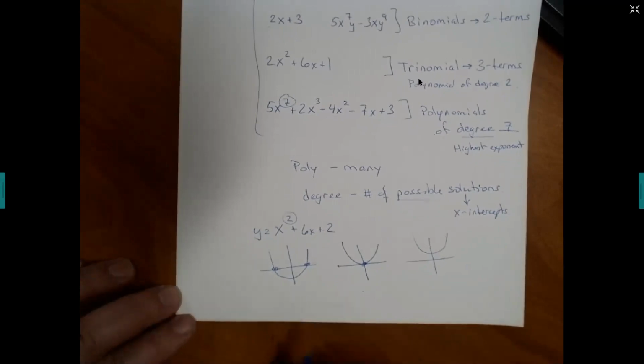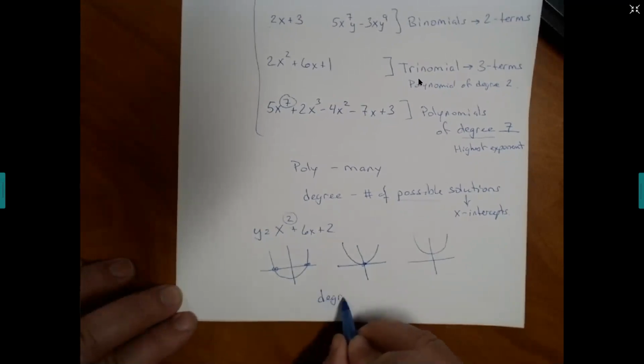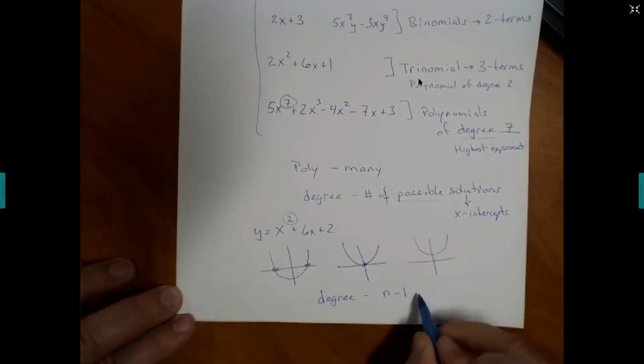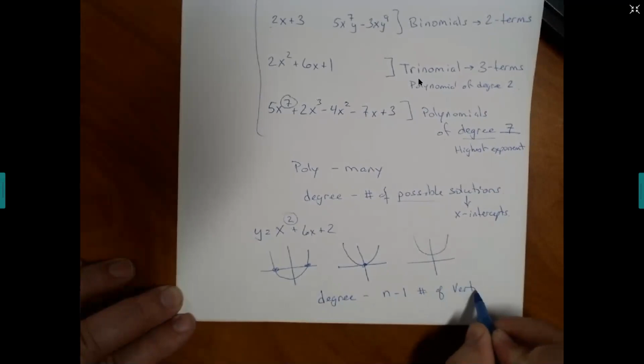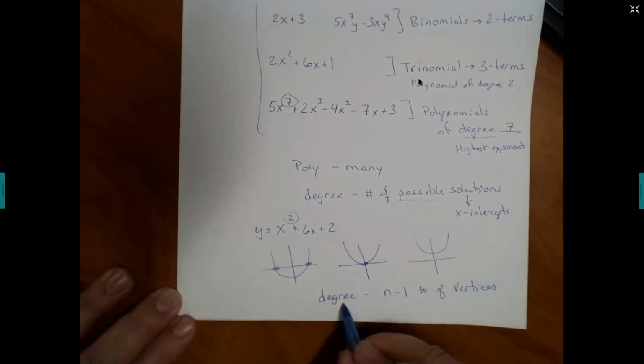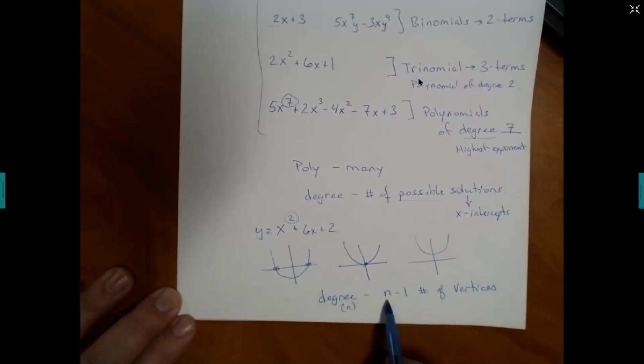The degree also tells us something else. Let's call the degree n. N minus one number of vertices. So whatever the degree is, we call that n. We'll have n minus one number of vertices.